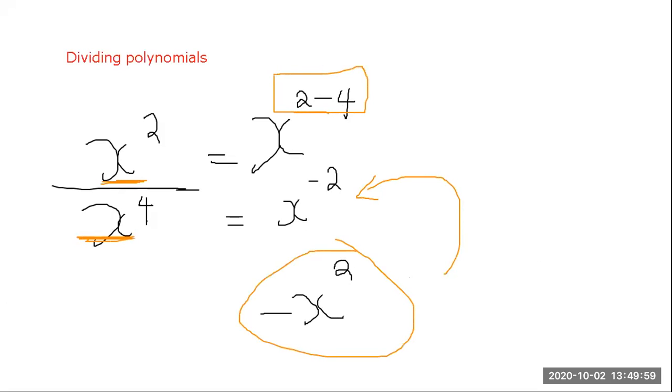One thing I want us to look at, and I'm going to put it over here to the side. Okay, if I have x to the minus 2, that is the same thing as 1 over x squared. So in order to make x to the negative 2 positive, I put 1 over it.